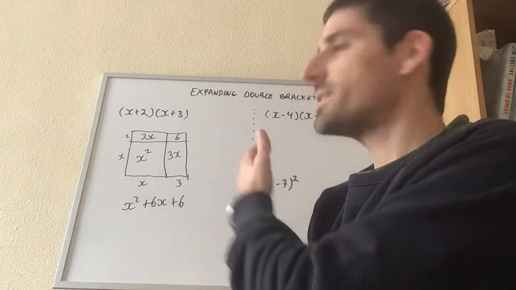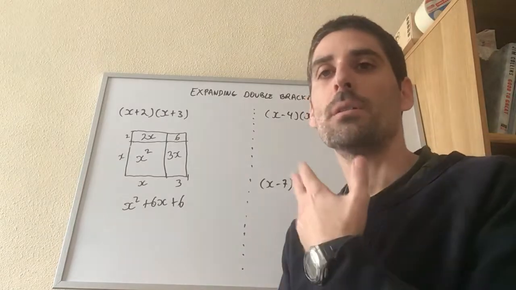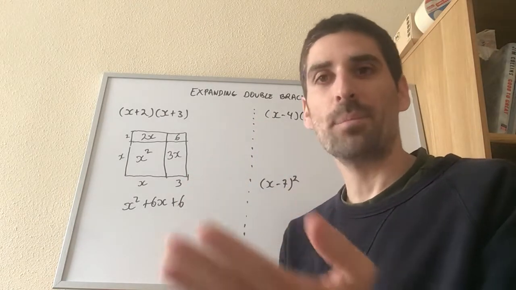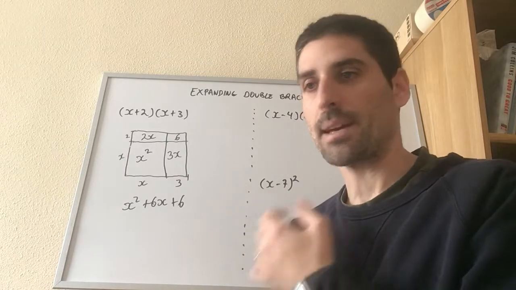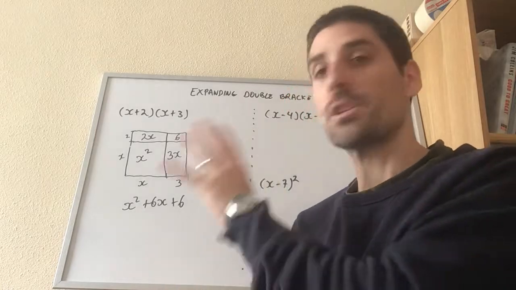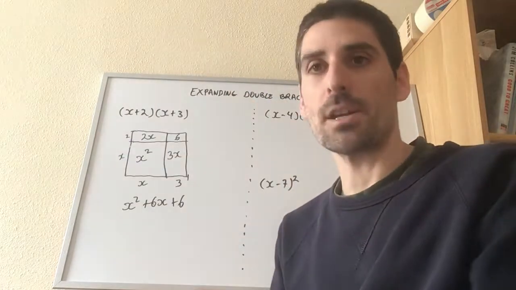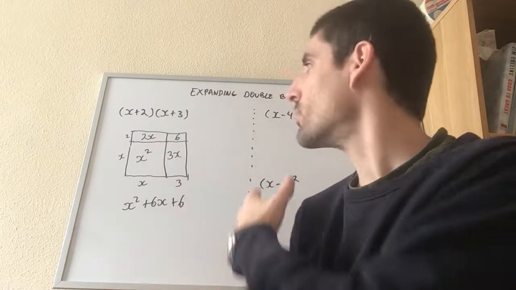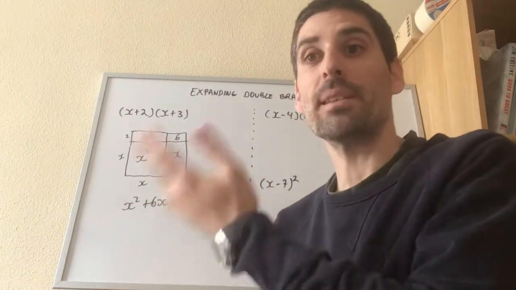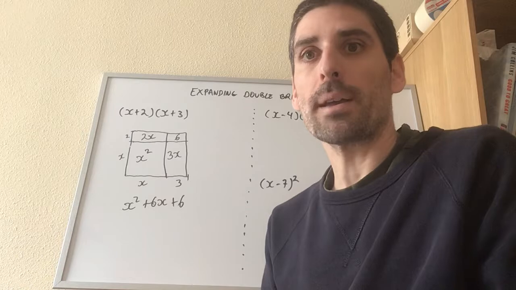Okay, so that's one visual representation of expanding two brackets. Typically, you're not going to be doing this in the exam because it really doesn't work when you've got negative numbers. But I'm just showing you a visualization, a representation, an idea of what it could mean to multiply two numbers. It just so happens that the numbers are algebraic, okay?